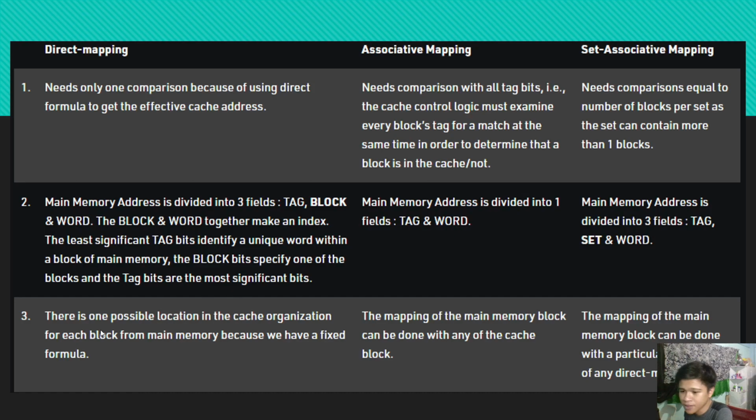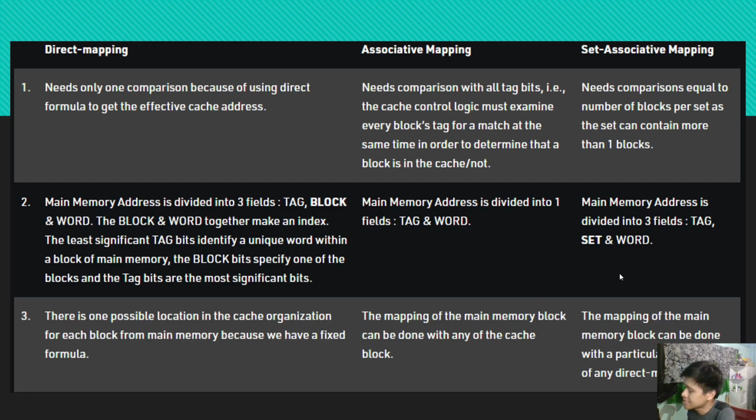And for the third one, there is one possible location in the cache organization for each block from main memory because we have a fixed formula. While on the associative mapping, the mapping of the main memory block can be done with any of the cache blocks. So you can place it anywhere.